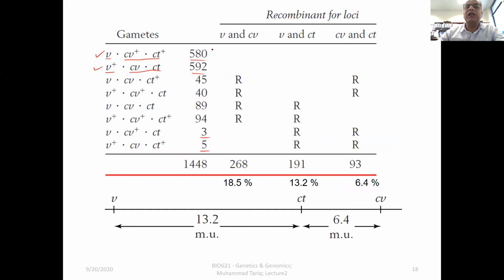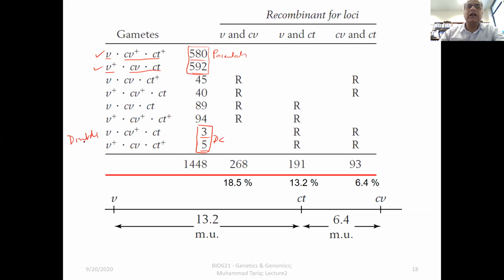These are parent 2. Remember always, the biggest numbers you get, I explained last time as well, they are always parentals. And the least numbers, which are less than 1%, these are double crossovers.